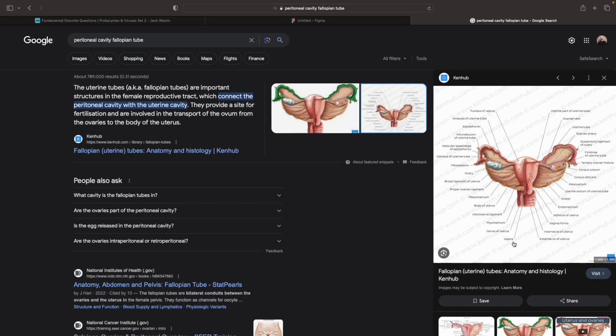Okay, let's go from the vagina. So we have the vagina here. We have the cervix of uterus. We have the myometrium. We have the uterosacral ligament. We have body of uterus. We have mesometrium. We have proper ovarian ligament. We have the broad ligament of uterus. We have the ovary.